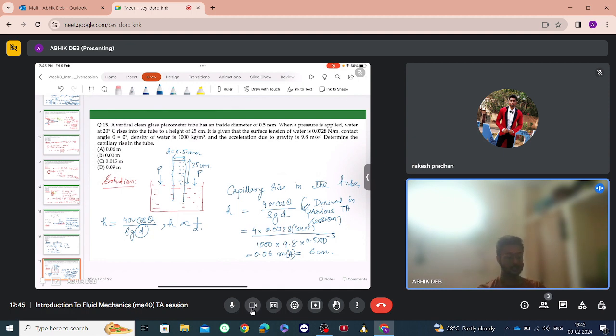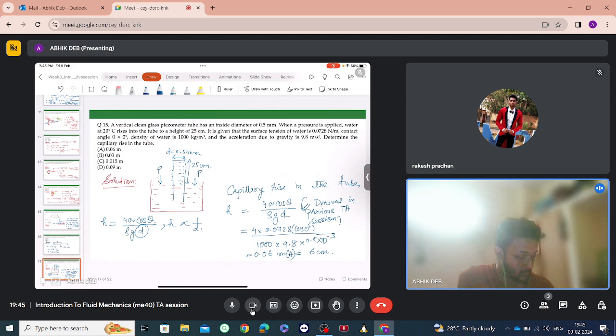So this rise in the capillary tube is significant only for very small diameter tubes. Okay, also if the surface tension increases, then the rise will increase, and if the density of the fluid increases, then the rise will decrease.